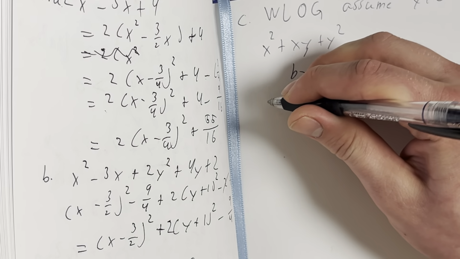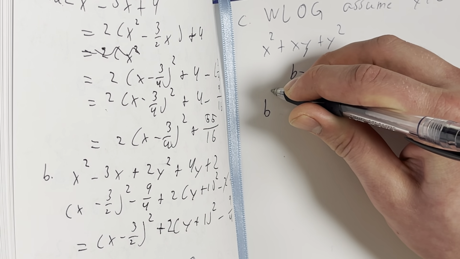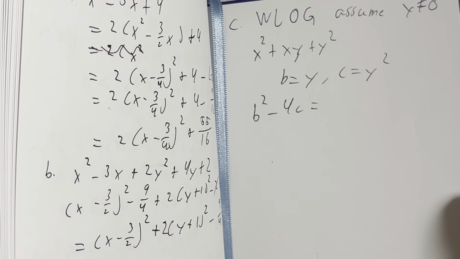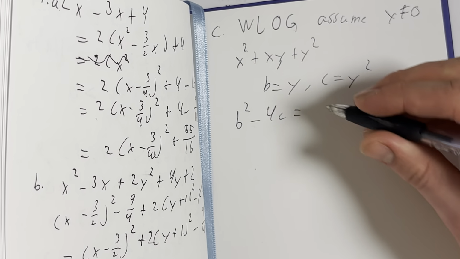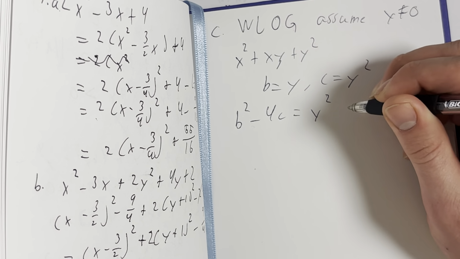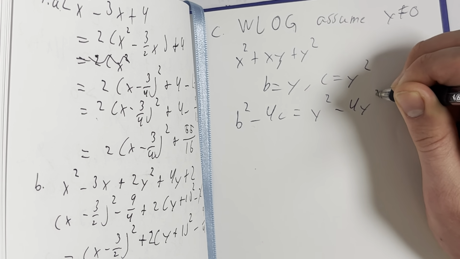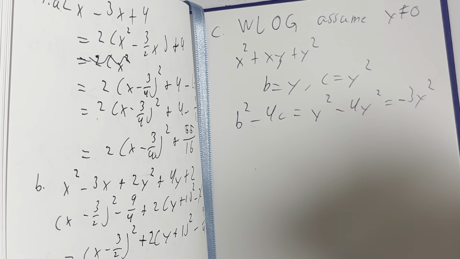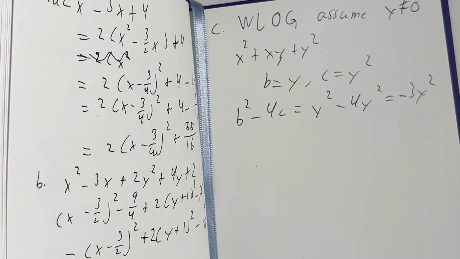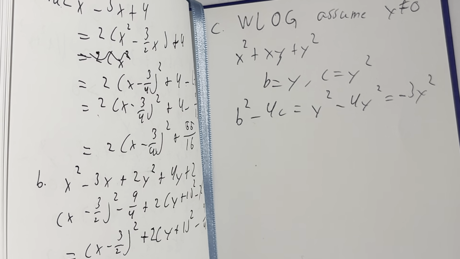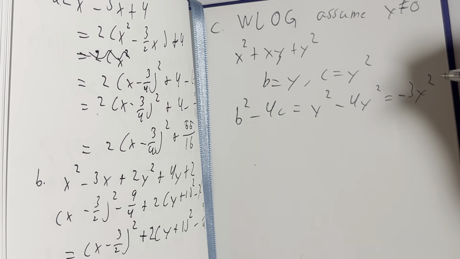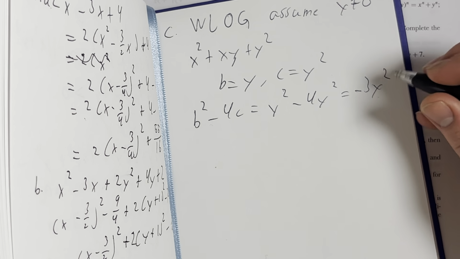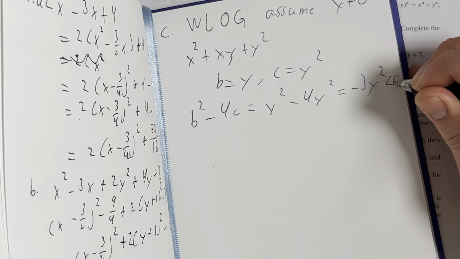And thus b squared minus 4c is equal to y squared minus 4y squared equal to negative 3y squared. Which is obviously, because y squared is always positive, so this is obviously less than 0.